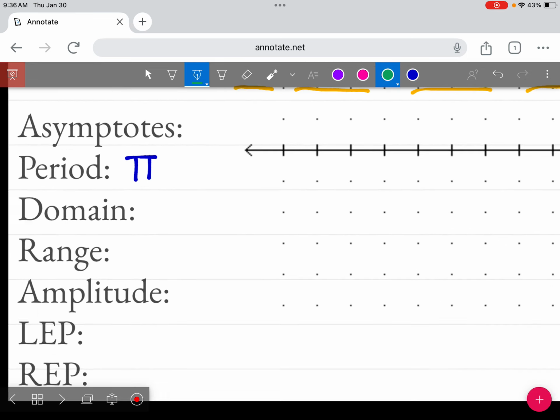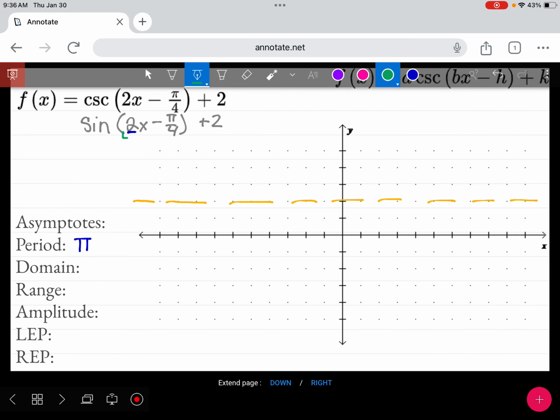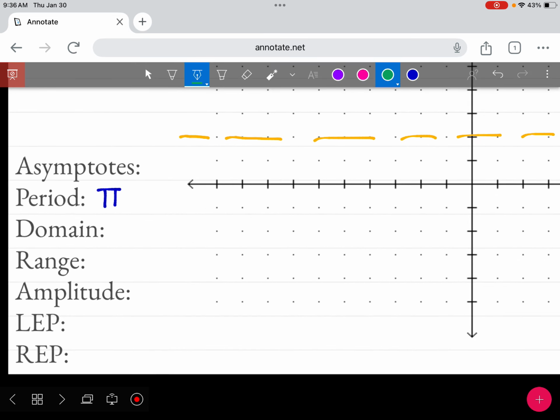Let's get our endpoints. We want to know when this whole statement equals 0. So we're going to take our 2x minus pi over 4. We want to know when that equals 0. Not quite.